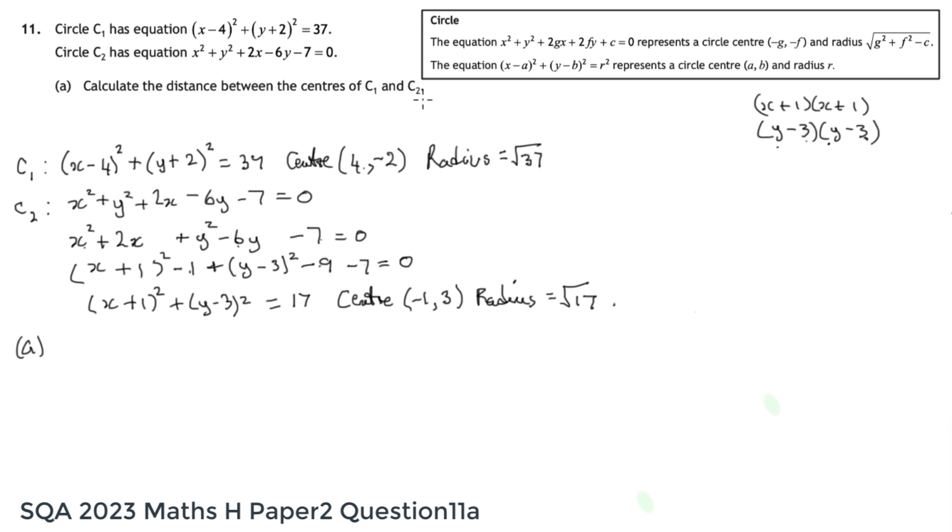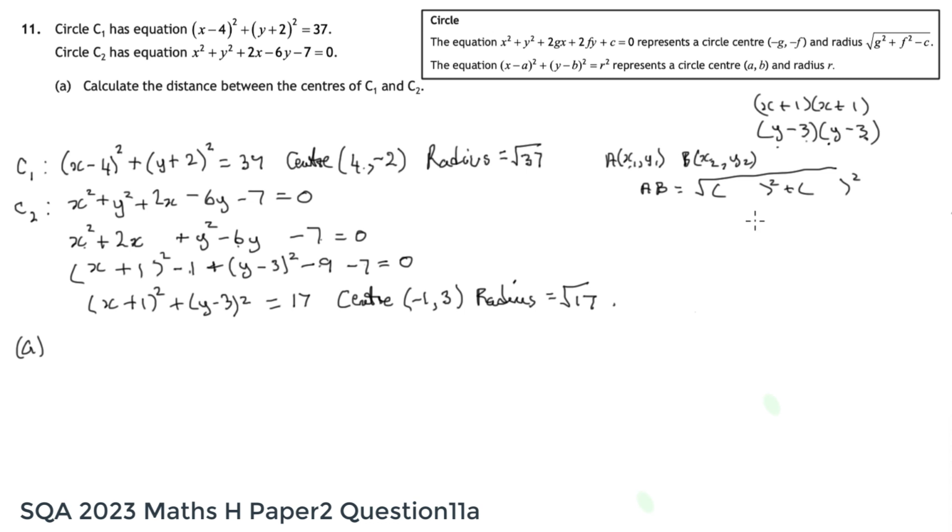C1 and C2. Now, there is a formula called the distance formula. You might have learnt it using an x1, y1 and an x2, y2. If these are points A and B, the distance formula tells you the distance is got by square rooting the x difference squared plus the y difference squared.